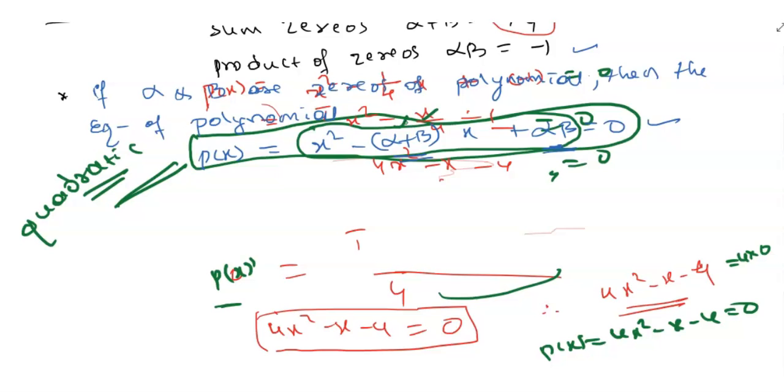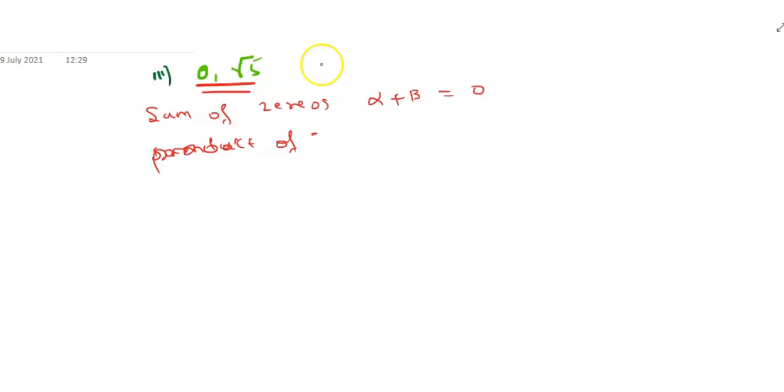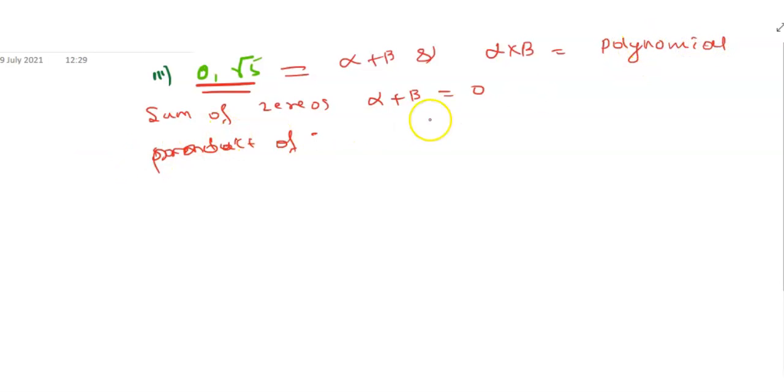Okay, let me solve one more problem here. You copied this. In this question also, they have given the sum of zeros and the product of zeros, and we have to form a polynomial. Let the sum of zeros be alpha plus beta, and the product of zeros they have given is root 5.